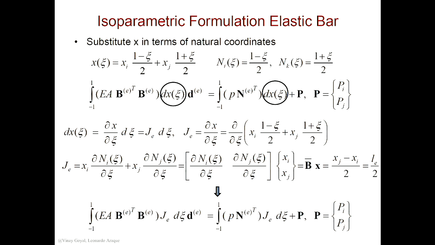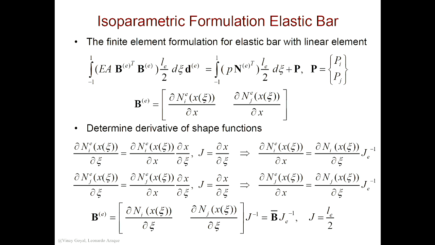I'll let you stare at it a couple of minutes. Okay, that's B bar right there. So that's B bar times J inverse. Now this B bar, that matrix right there, is true for every single element.